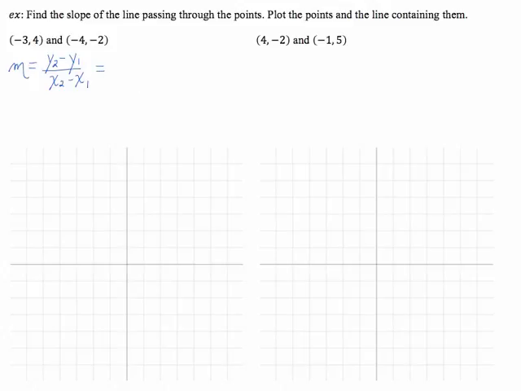Now, this problem could have been stated with the points in the reverse order. I could have said, find the slope between -4, -2 and -3, 4. And you'd get the same slope as your answer. So the order in which they are listed doesn't really matter, but just for consistency and ease, I'm going to call this first point x1, y1, and this second point x2, y2.